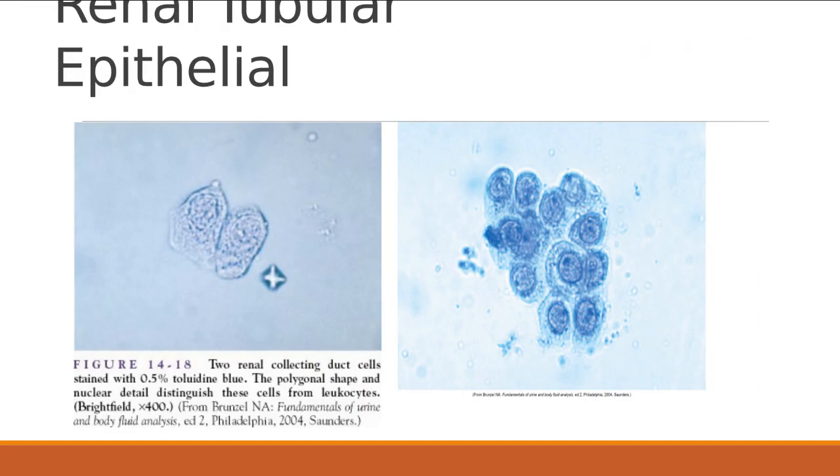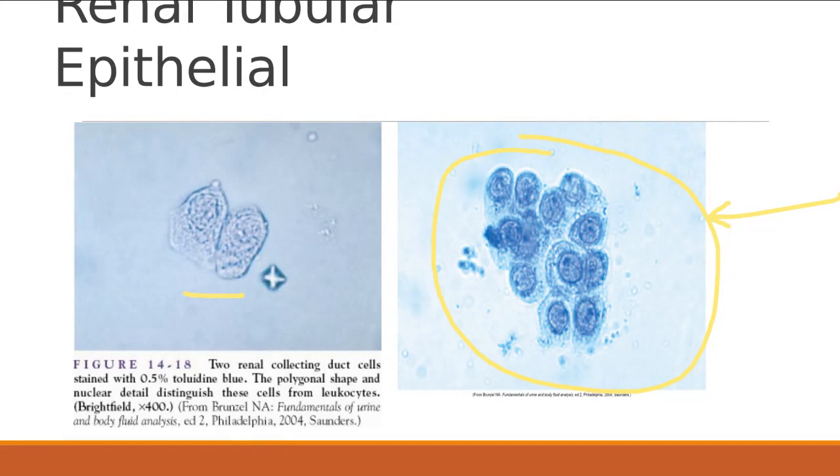Renal tubular epithelial cells. This is a very good picture of what they look like. This is more what they're going to look like under the scope, but this one right here shows you a really good representation. They're located in a number of locations throughout the renal anatomy.